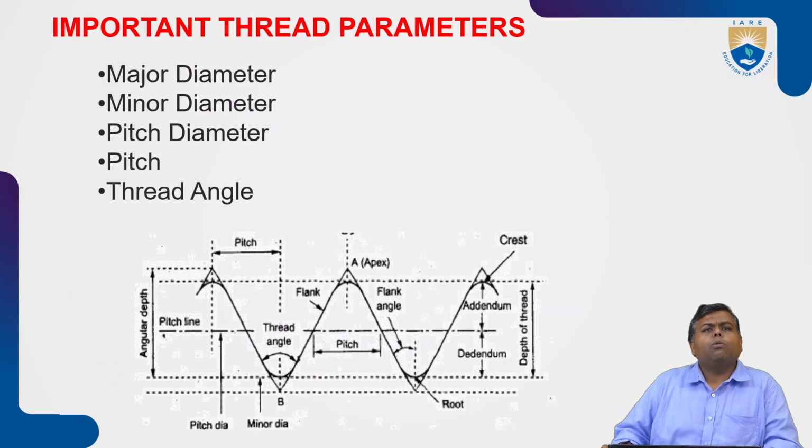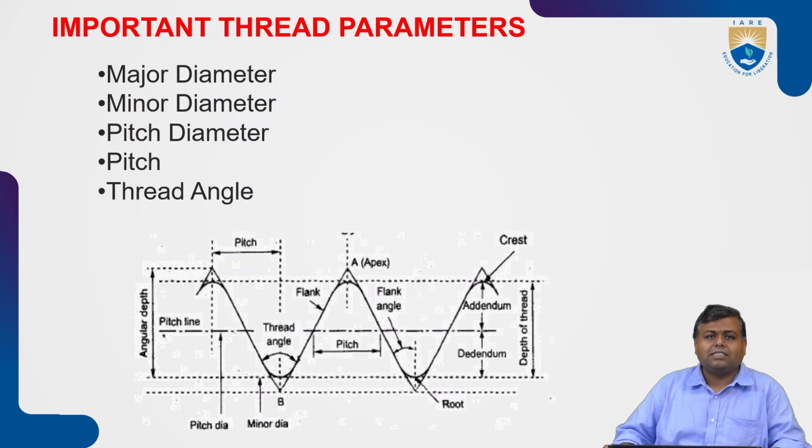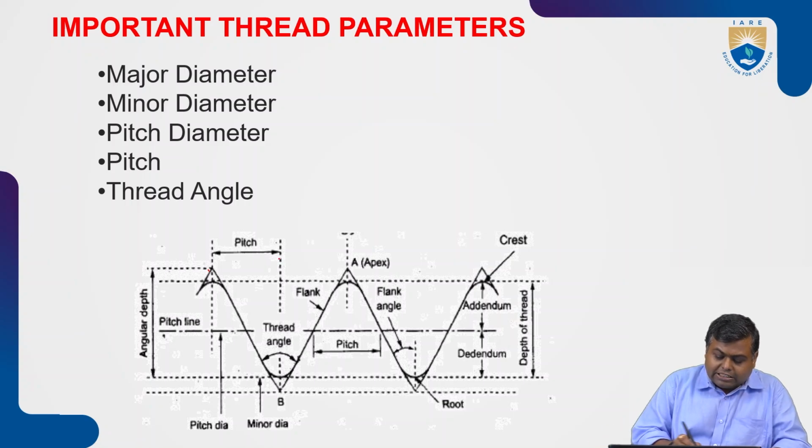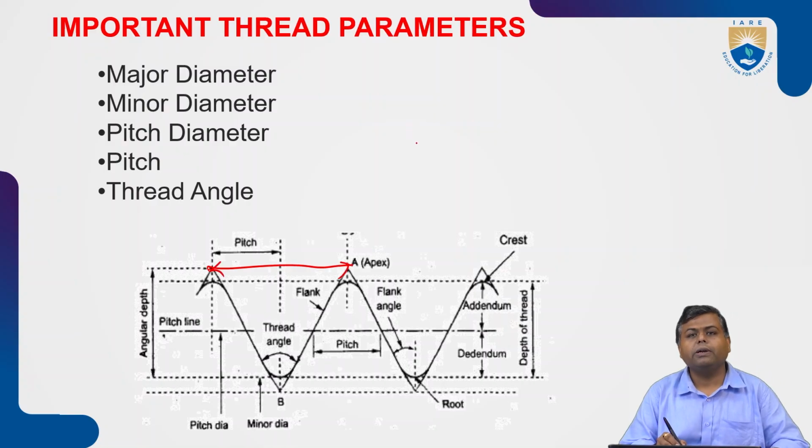So let us see what are the different nomenclature present on the screw threads. Let us see the first profile. So this is the pitch. So pitch is nothing but the distance between two consecutive crests or troughs of a thread.